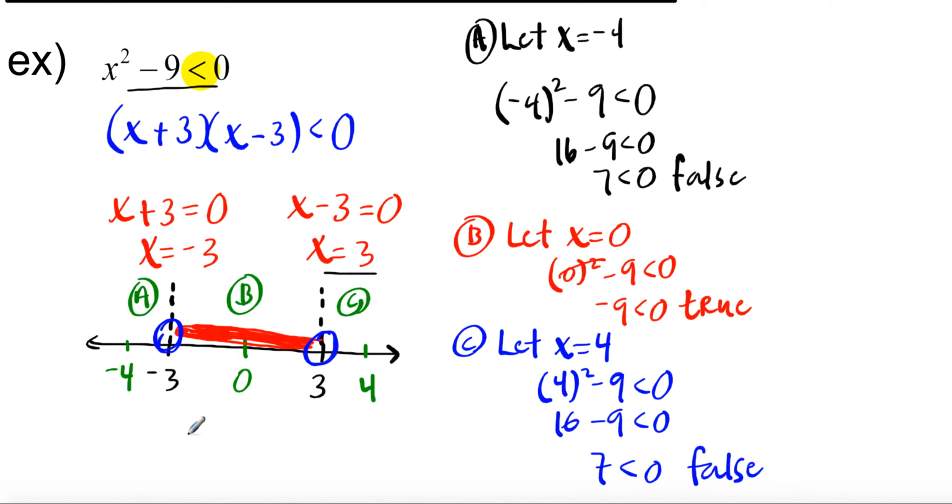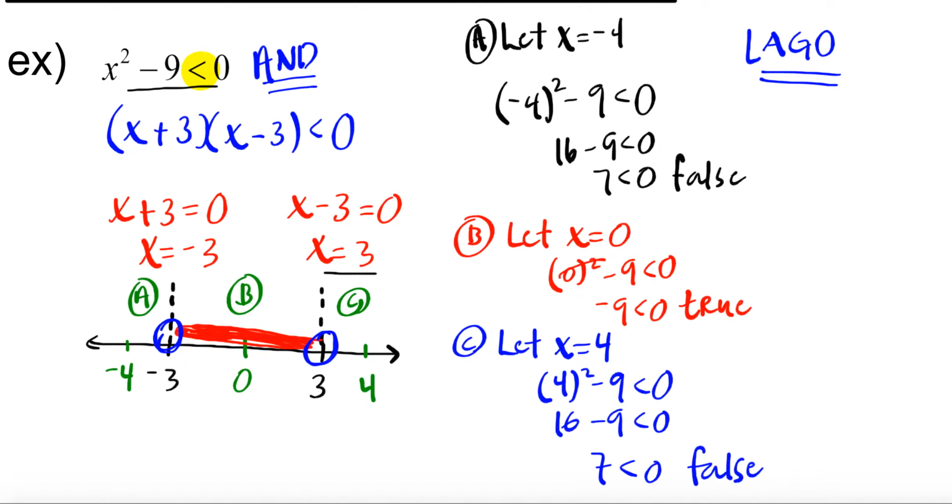So our solutions lie between negative 3 and 3. And this is actually an and type problem, which is much like what we saw in the previous video on inequalities. So you can use that same acronym, less than, and, greater than, or, to help you remember what the graph should look like.